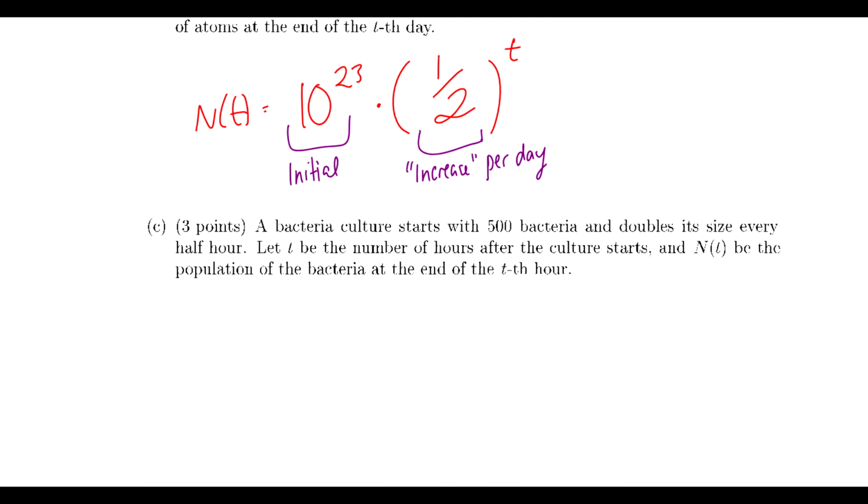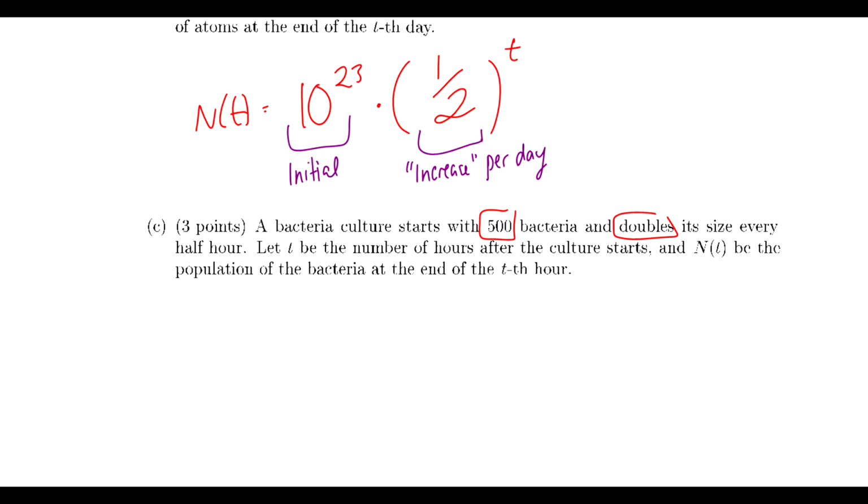And this third question again follows the exact same thing. In fact, I would say this is probably exactly the same question, except going the opposite way. We start with 500 bacteria, and it doubles every half hour.